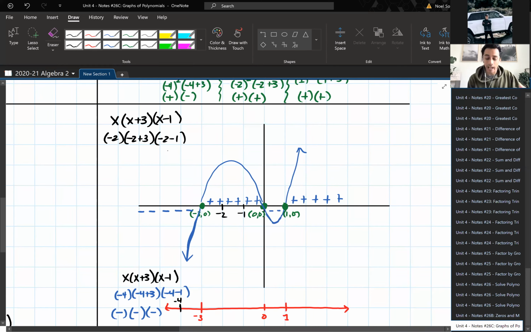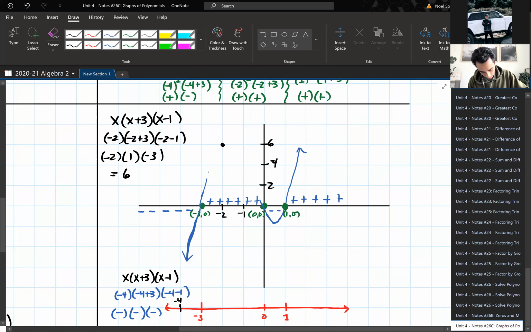All right, we want to find the actual output so that we have a more precise y value about how tall the curve goes. So that's still -2. That'll be 1, and that'll be -3. So -2 times 1 times -3 looks like that output is going to be 6. So I'm going to have to adjust the scale. I'm going to make these go by 2s. So I actually have a point up here.